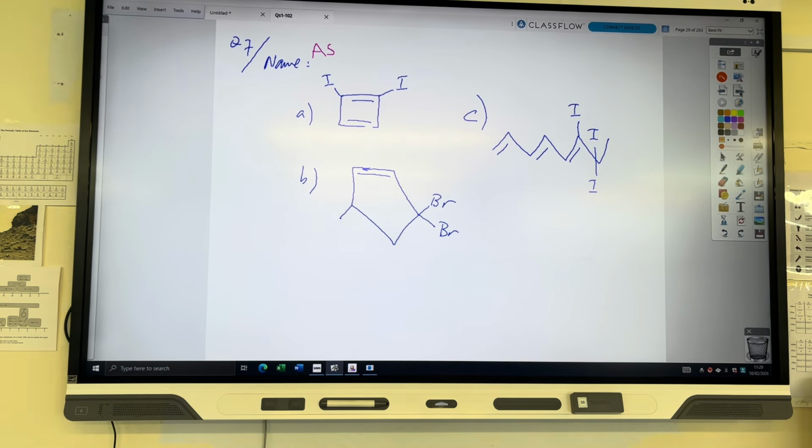Name, you've got 1, 2, 3 compounds to name, organic compounds to name. 4 minutes. These are iodine, by the way. Iodine, iodine, iodine.